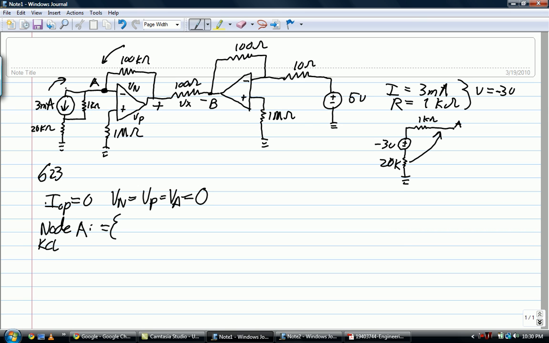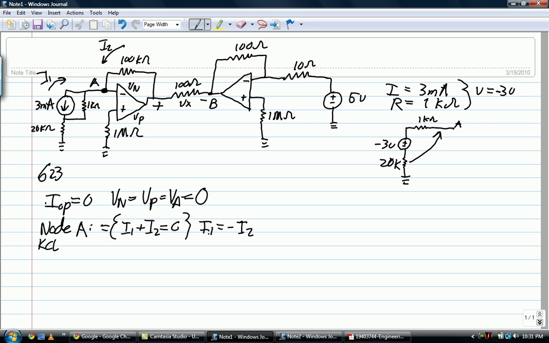Therefore, why don't we label this I1 and I2? So I1 plus I2 is equal to 0. And now this is where we can tell right away that it's an inverting amplifier, because if we rewrite this, we get I1 is equal to negative I2.